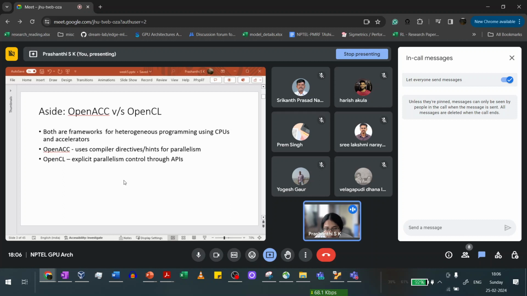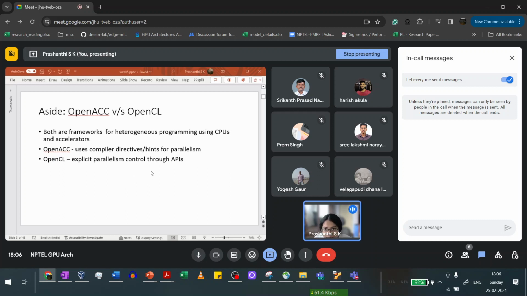The programmer doesn't write it out explicitly; the onus is on the compiler. OpenCL has a lot of APIs where you can explicitly control parallelism. Popularity-wise, OpenCL finds a lot more use than OpenACC, but I'm not sure if OpenACC is in your syllabus at all, so even if you don't know this, it's okay. Since someone asked, I thought I'd spend a couple of minutes on this.